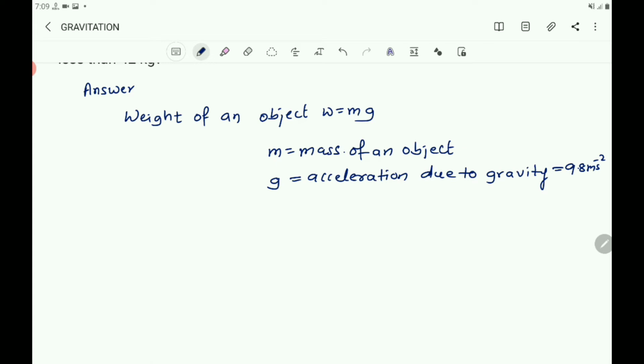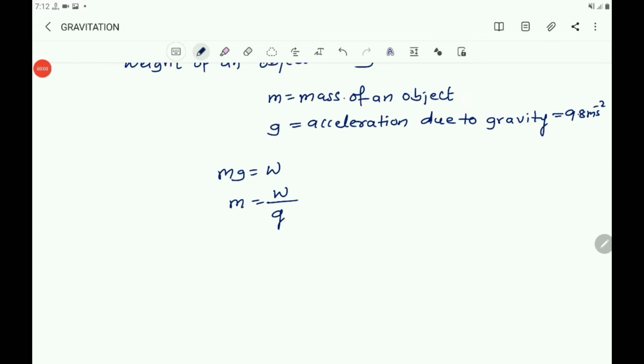As W equals mg, we get m equals W by g. So m must be smaller than W. Mass must be smaller than the weight.